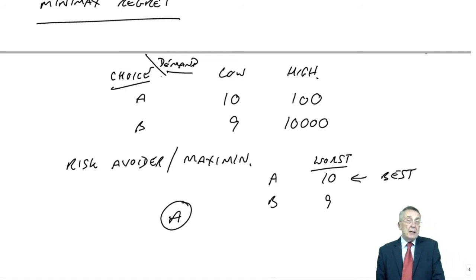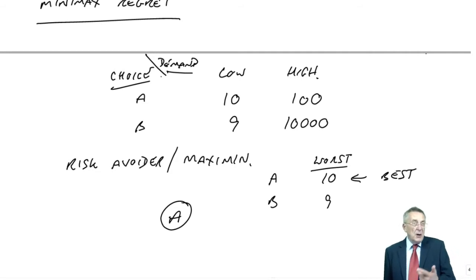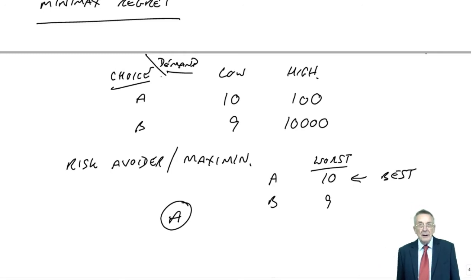Now, although there's a logic to being a risk avoider, and that example is extreme deliberately, I think you'd be completely mad to choose A. Because with A, you either get 10 or 100. With B, okay, you might get a bit less, 9, but only $1 less. And you have the chance of getting 10,000.